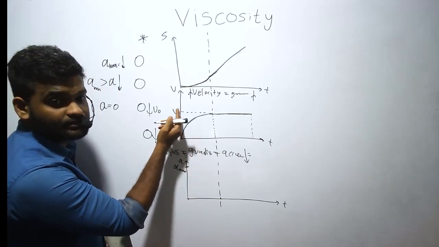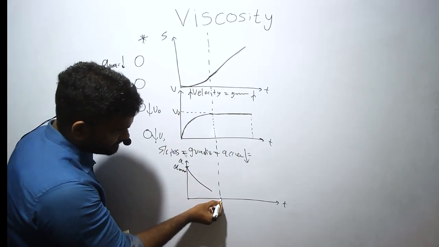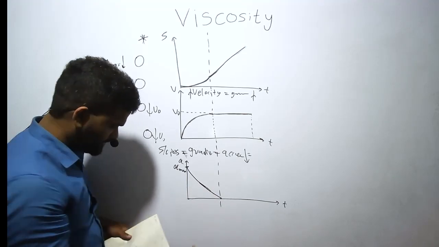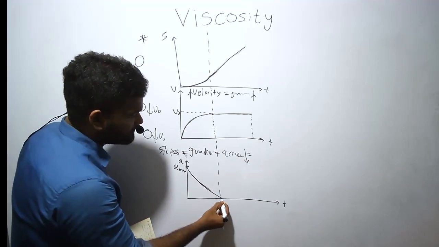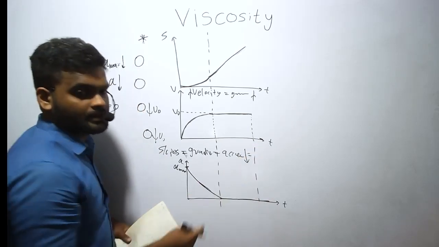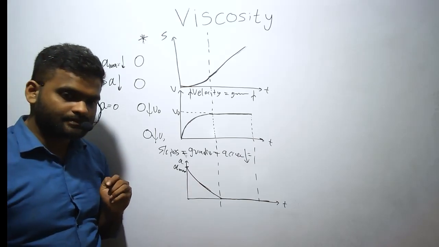So terminal velocity. Acceleration decreases, then becomes 0. After that, acceleration is 0. Right? So these are the ST, VT and AT graphs.